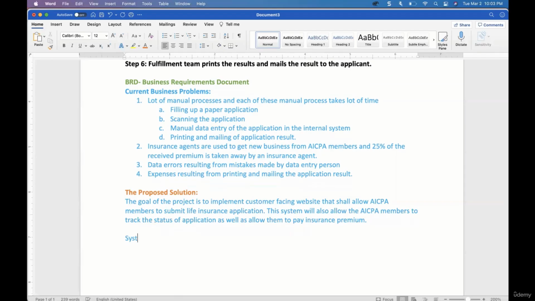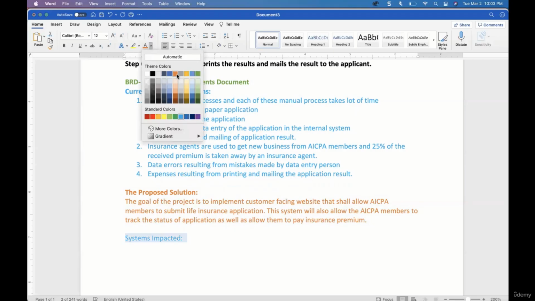Next, systems impacted, a very, very important part. All right, so who would like to give a try here?